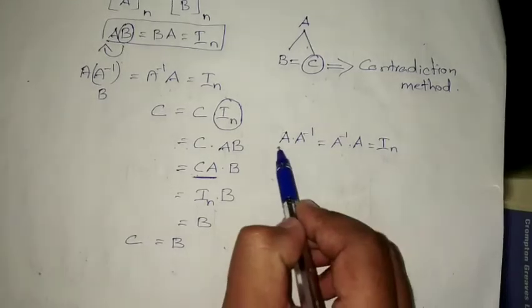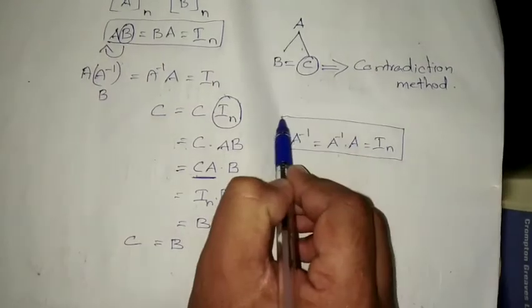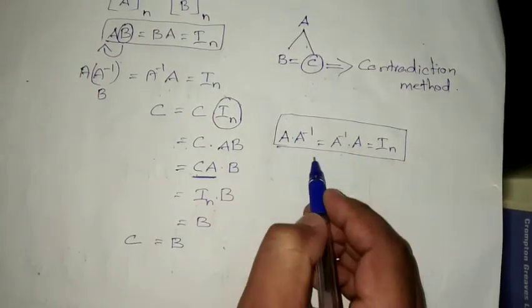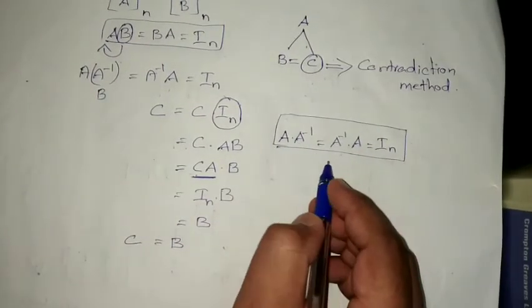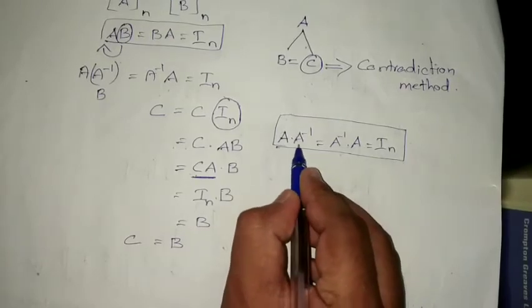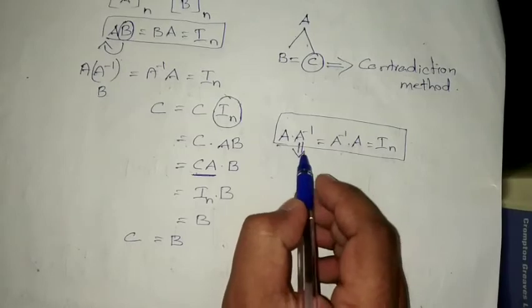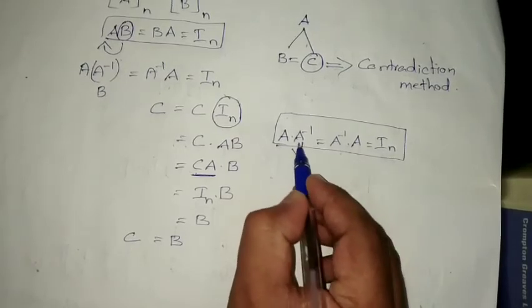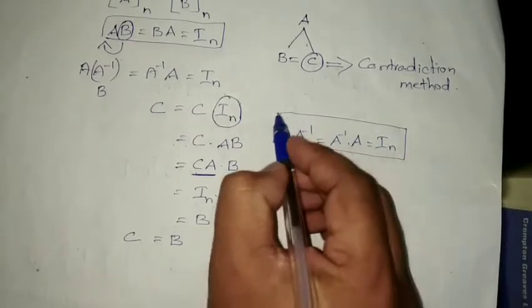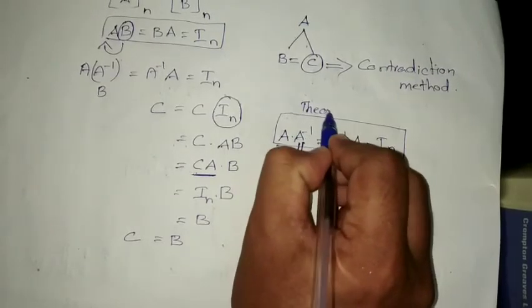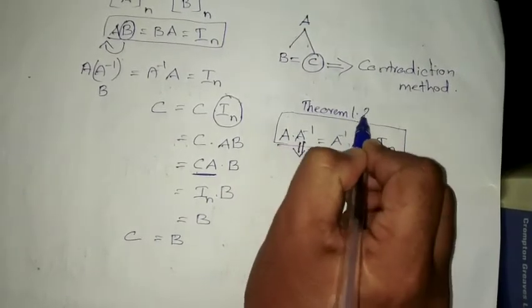Theorem 1.2 in your syllabus states that if a square matrix has an inverse, then it is unique. There should be only one inverse. It is the law stated by theorem 1.2.